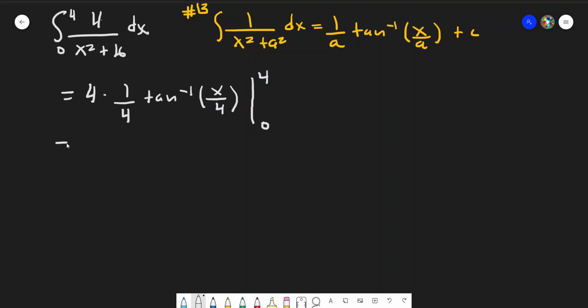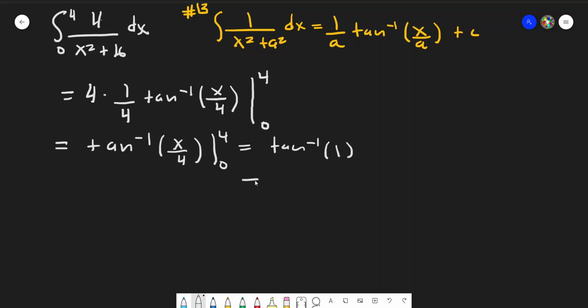Notice that this cancels out, and it leaves you with tangent inverse of x over 4, from 0 to 4, but that gives you tangent inverse of 1. But tangent inverse of 1 is basically pi over 4. So essentially we found that the solution is pi over 4.